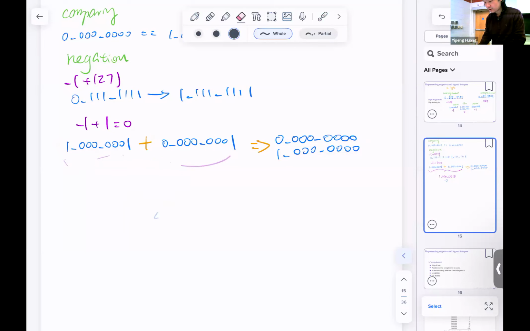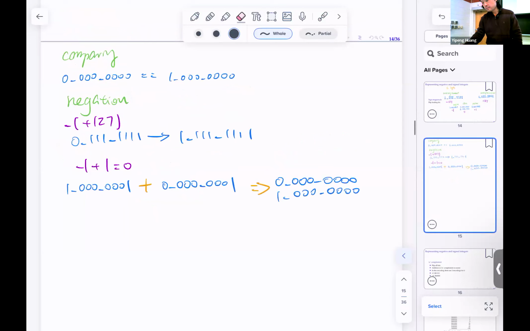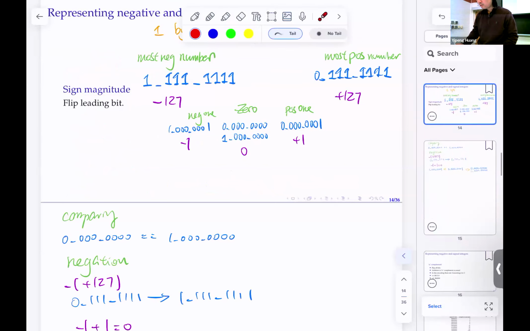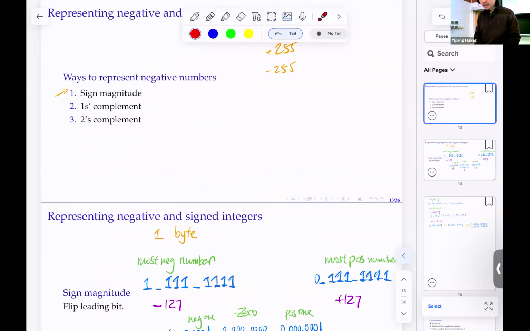We're not going to use this encoding, because even though comparing has some favorable properties, and negation makes sense, that's good, addition is not going to work in the normal way. So this is a straw man approach to show that approach one, using sign magnitude, is not a good design. So what we'll present next is a couple of better alternatives.